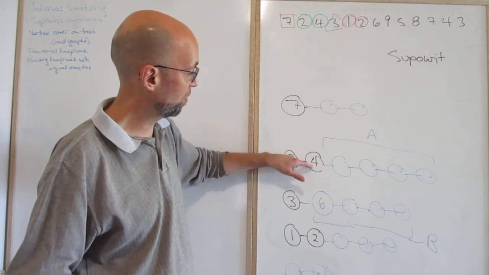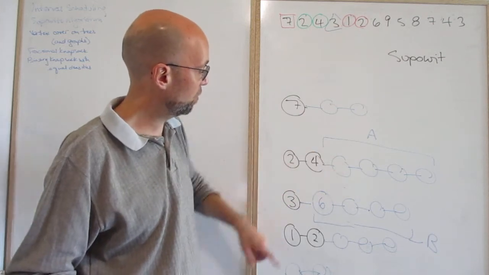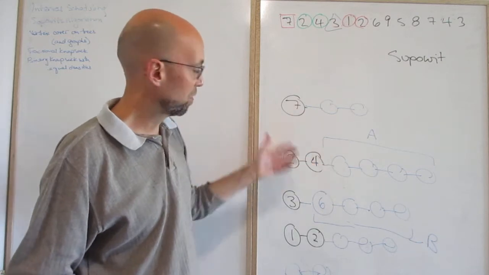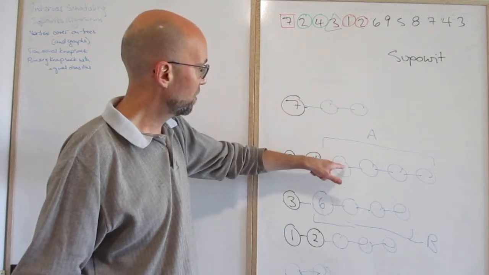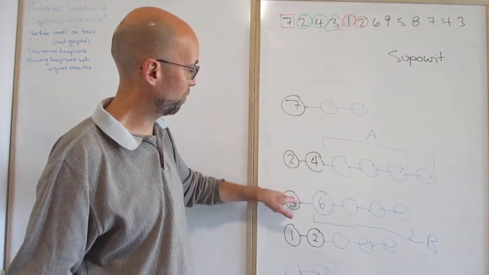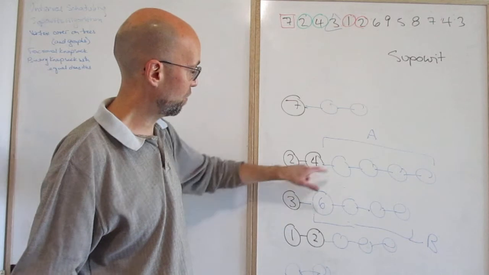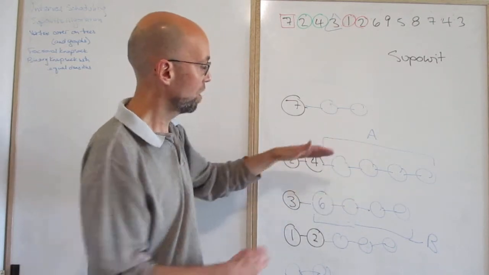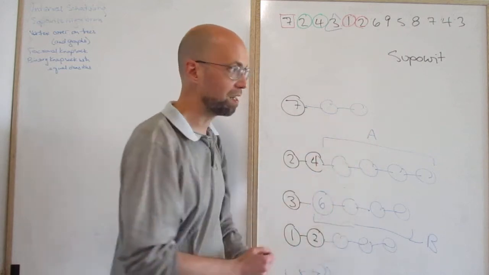So 3 is smaller than 4. So if this is, for example, 8 or something, it has to be larger than 4, and 4 is larger than 3. So this is larger than 3, so we can put A after here. So we can swap A and B.